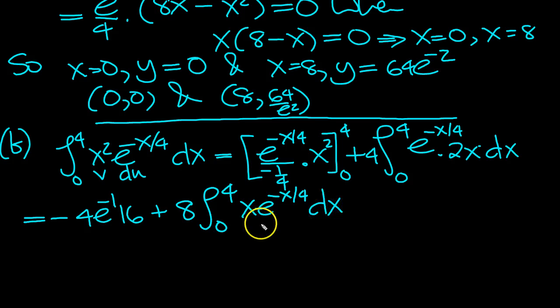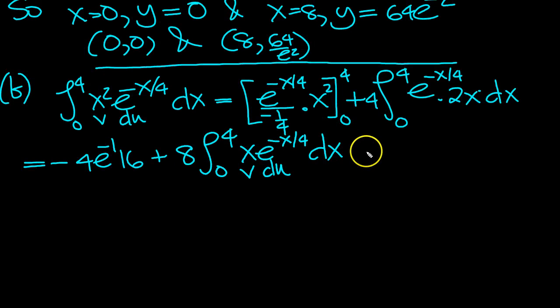We have to do integration by parts twice, so the same again then, same process. So that's equal to minus 64 over e here plus 8 lots of the whole thing.